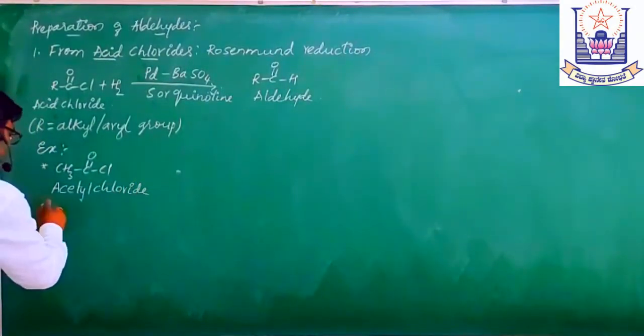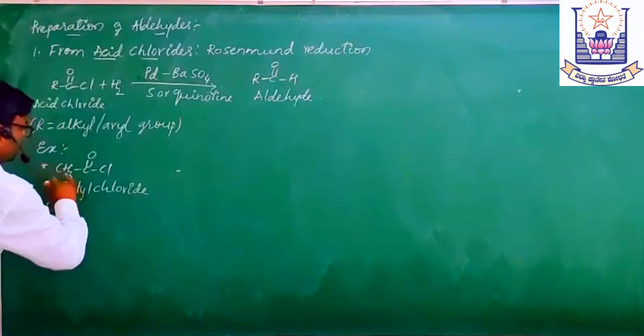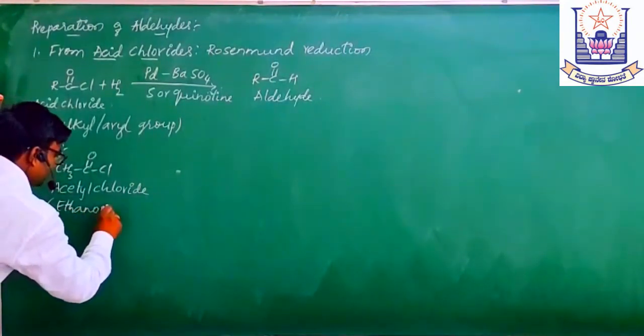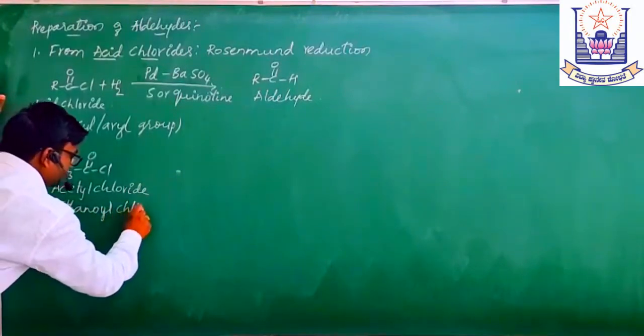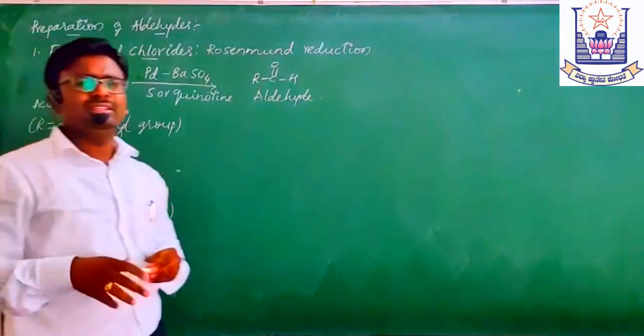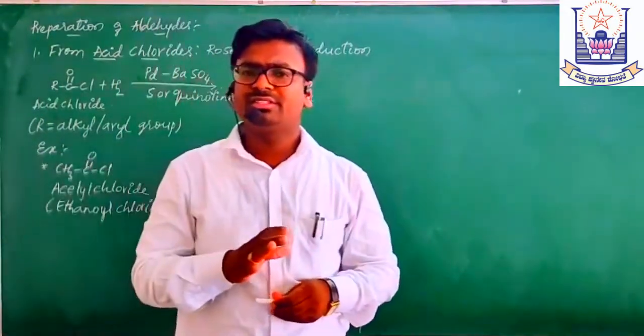The IUPAC name, since two carbon atoms are there, is ethanoyl chloride.